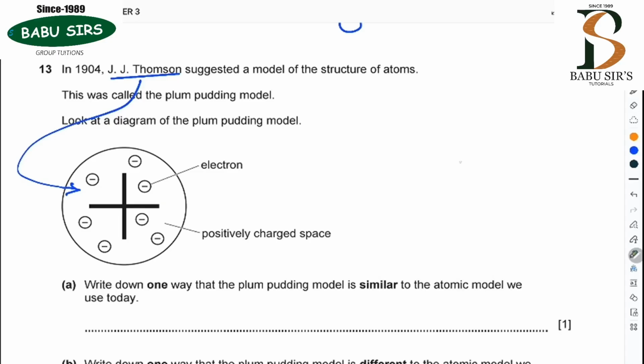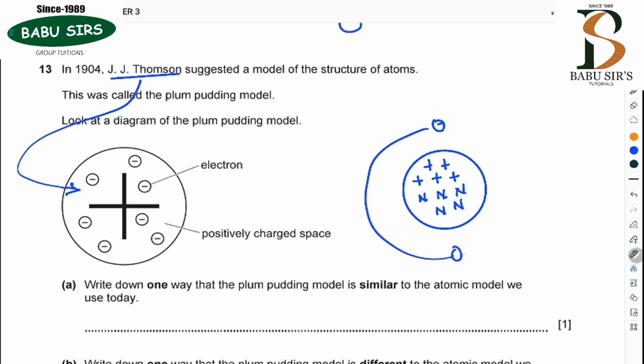that is the modern atomic model, we have a nucleus in which there are protons, that is the positive charge, and the neutrons, that is the neutral charge. And these electrons are rotating around in an orbit.